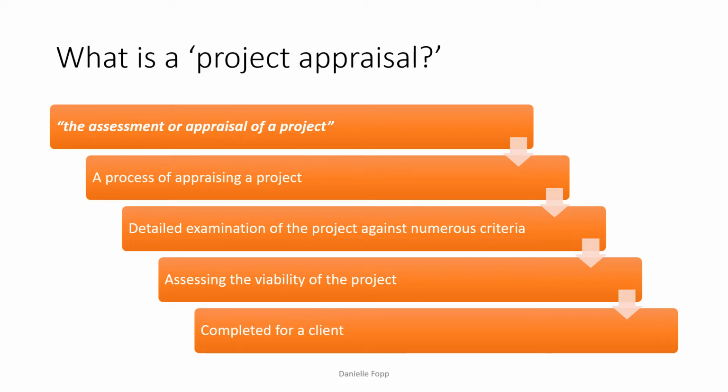Now, this process often involves various appraisal techniques, and that's the criteria, and these are from both an economic point of view, so financial, cost benefit, profitability, but also a non-economic appraisal point of view, and that's more of a results-orientated perspective. We will also be looking at criteria including technical, political, financial, and social factors, and we will use these to assess the viability of the project. And this is all completed for your client.